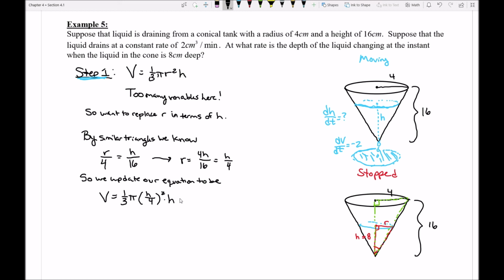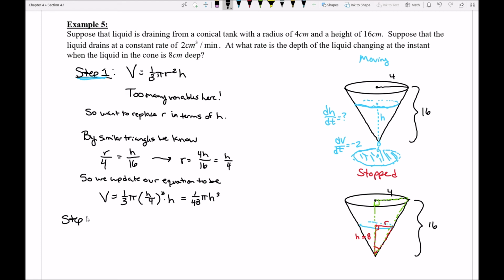And in fact, I could simplify it further. Notice here that if I square the top and the bottom of this fraction, the denominator would be 16. If I combine that together with my 1/3, I'm going to get 1 over 48 pi, and then I'll have h squared times another h, and I'll have h cubed. So this would be now a good equation that I could use that only has v's and h's.